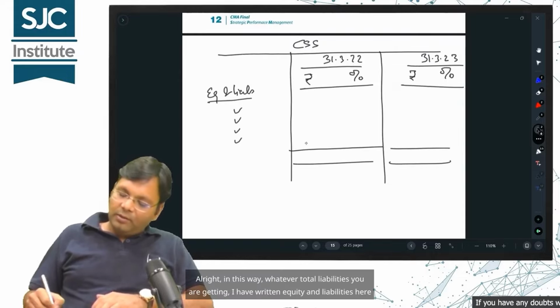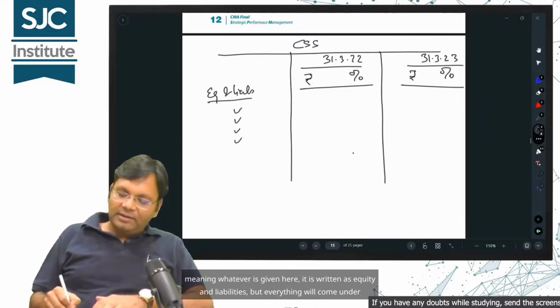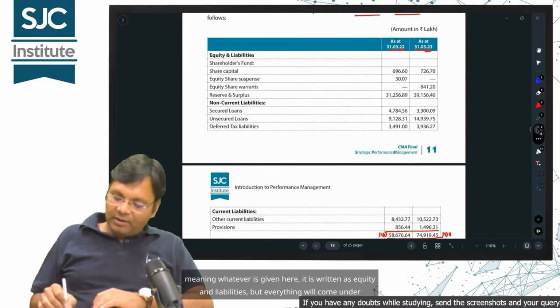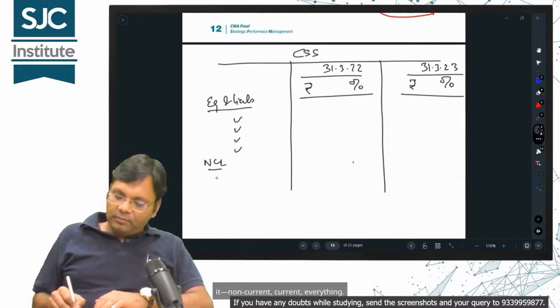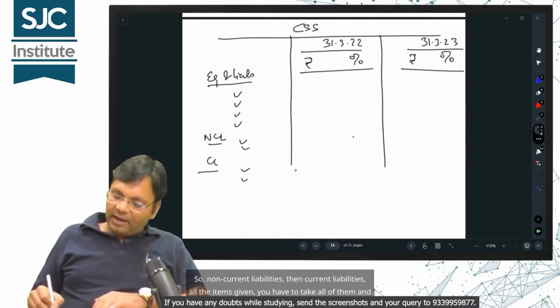Whatever total liabilities you are getting, it is written as equity and liabilities here, but everything will come under it, non-current, current, everything. So, non-current liabilities, then current liabilities, all the items given.